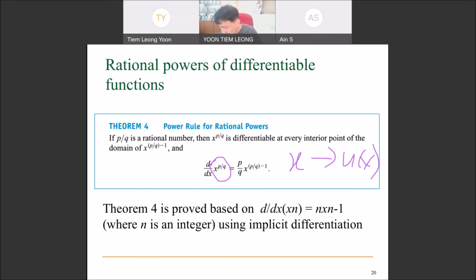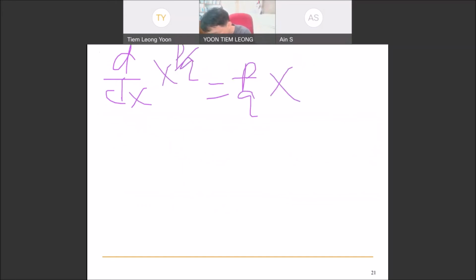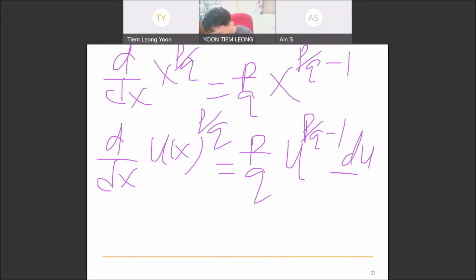So how we generalize it is like this, right? What it says here is that if d/dx of x^(p/q), then this is p/q times x^(p/q - 1). So instead of x, if you have a function u(x), where u(x) is raised to the power of p/q, then this is equal to p/q times u^(p/q - 1) multiplied with the derivative du.